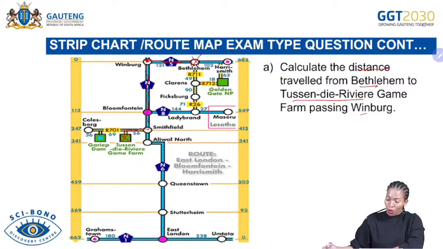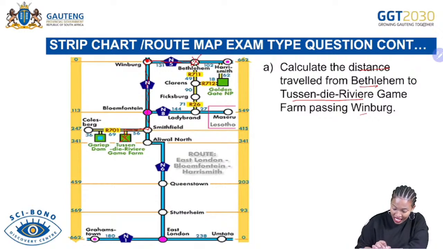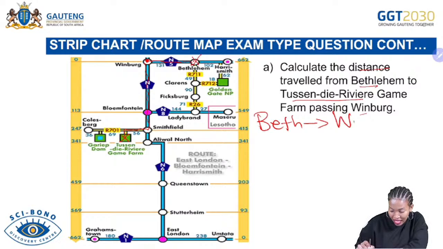So guys, we want the distance from Bethlehem, like I've indicated, to Tessen de Rivie. So you start from Bethlehem to Wynberg. What is the distance from Bethlehem to Wynberg? It is 131. So you write it down, it is 131.